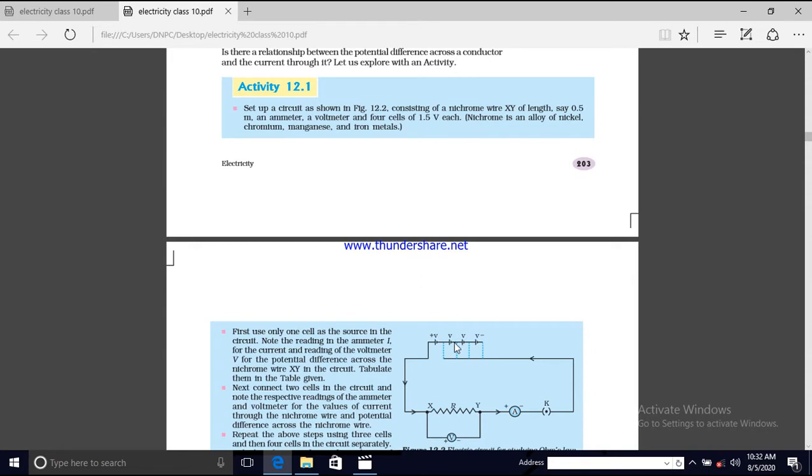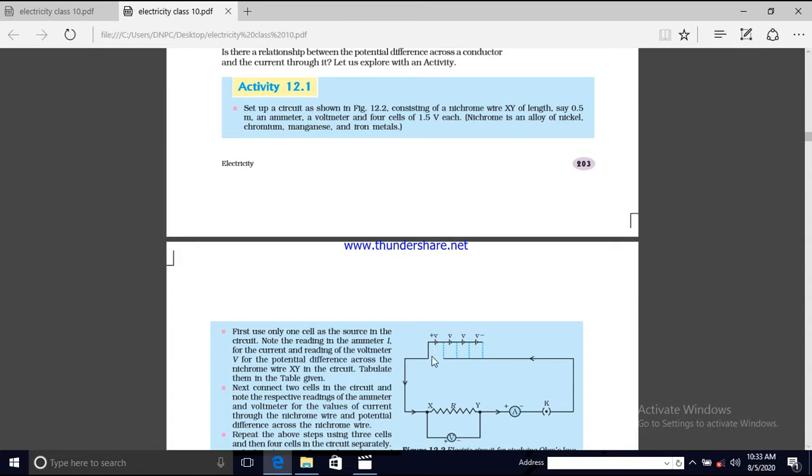If we give the connection here, 2 cells will be included in the circuit, if we give the connection from here, the first 3 cells will come into the circuit, and if we give the connection at this point, all 4 cells will come into the circuit. So we can include a single cell, or 2, 3 or 4 cells in the circuit.